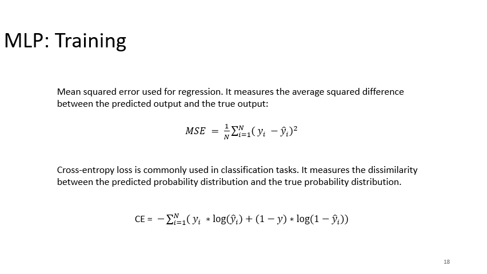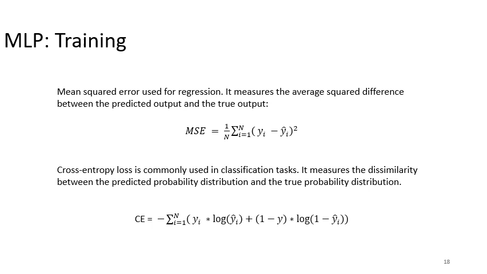In classification tasks, we can use, for example, cross-entropy loss, where the objective is to categorize inputs into different classes. Cross-entropy loss is a commonly used metric. It measures the dissimilarity between the predicted probability distribution y hat i and the true probability distribution yi.